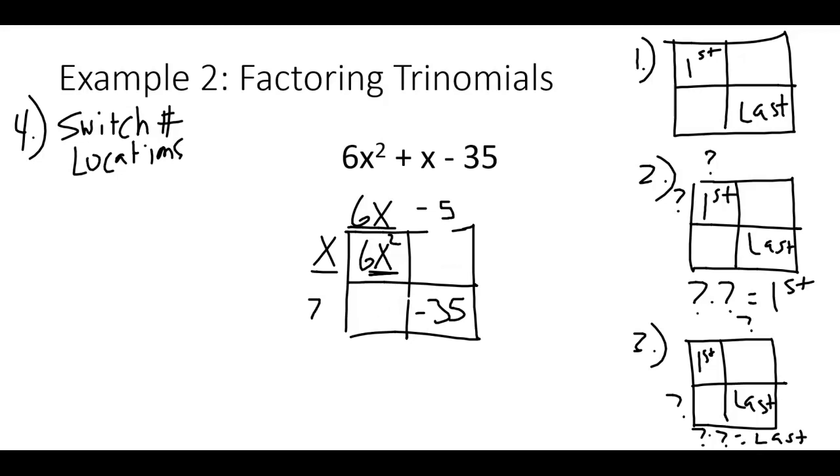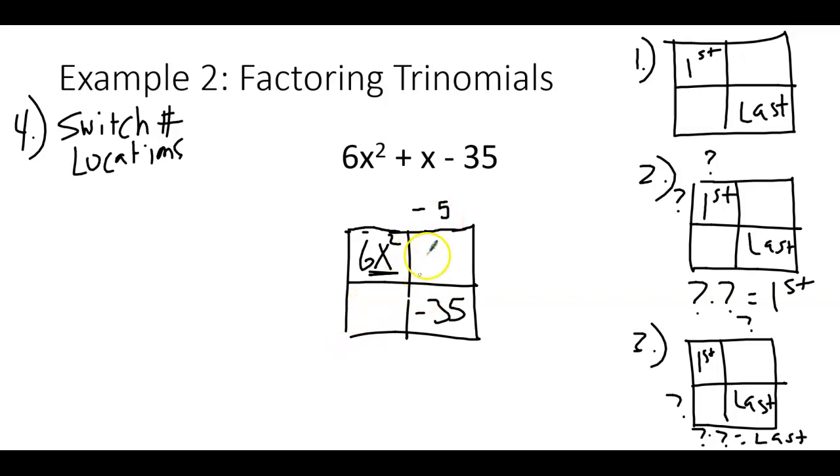Clean this up a little bit more. All right, so let me erase. Actually, I think I'll leave that minus 5 there. Why not? Now, we said that we could switch the 5 and 7 to 35 and 1, but I don't think that's going to be very helpful.